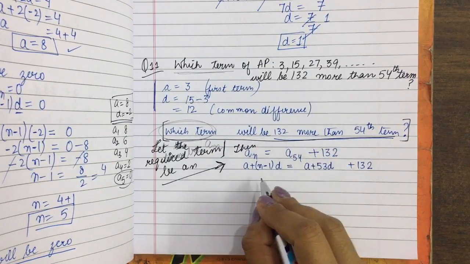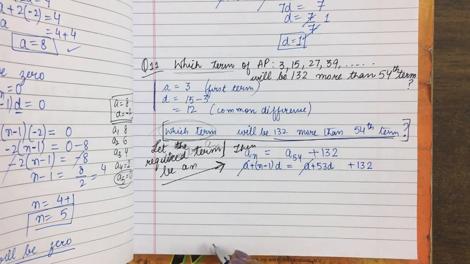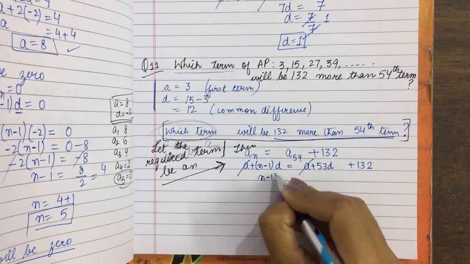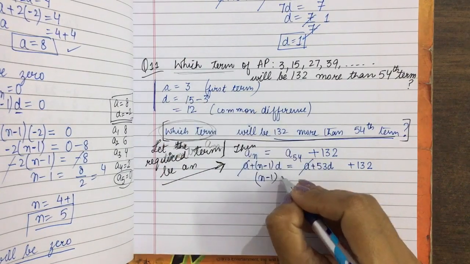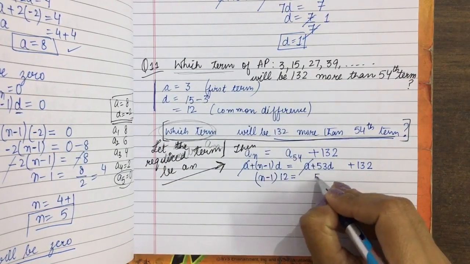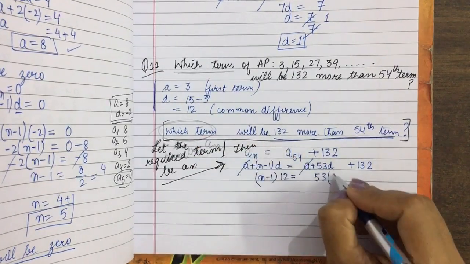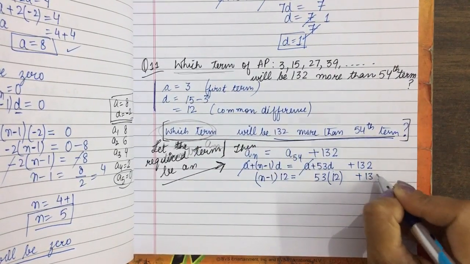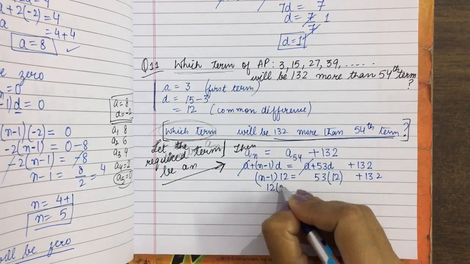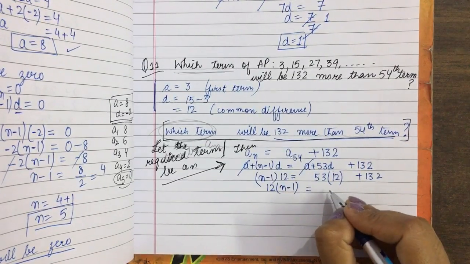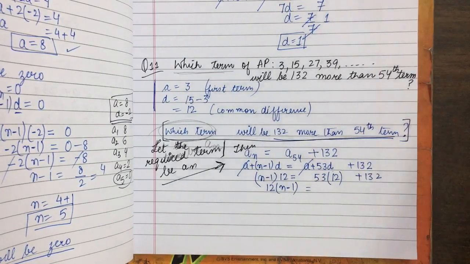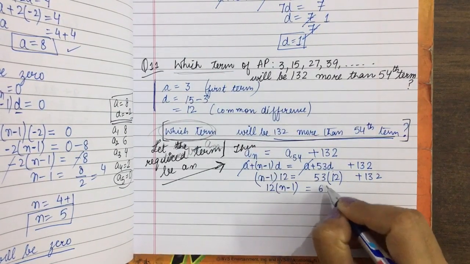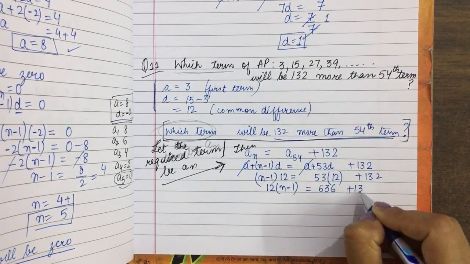So just simplifying, A will be cancelled. N minus 1, I don't have the value of N, so this stays as such. The common difference is 12. Let's use the value. 53 multiplied with the common difference, again 12, plus 132. So this is 12 times N minus 1 equals, simplifying this, 636 plus 132.